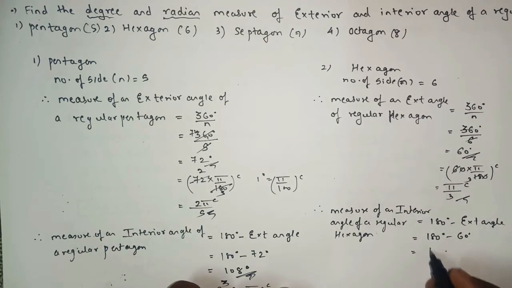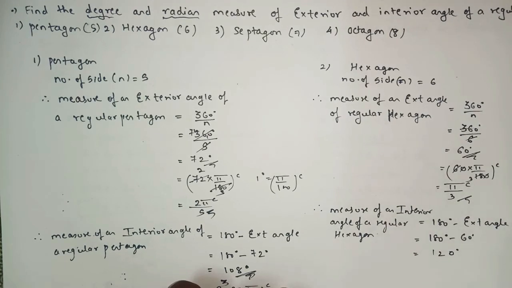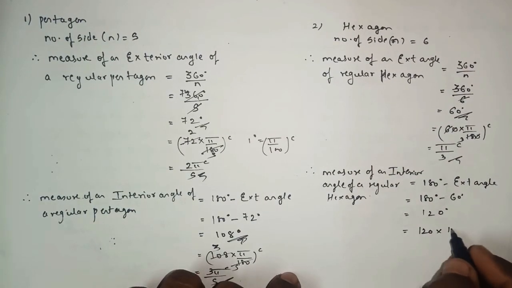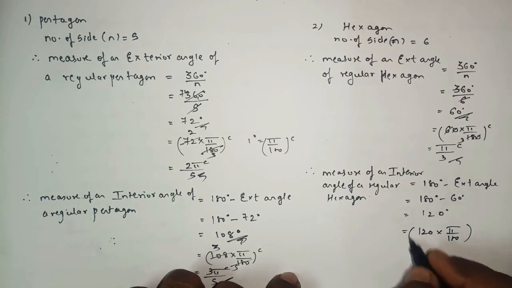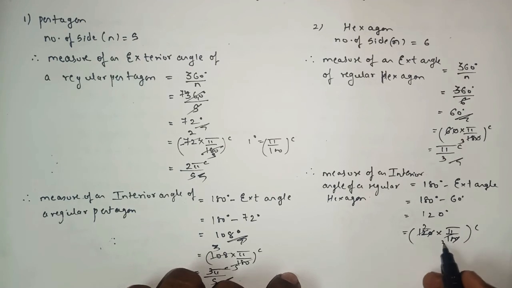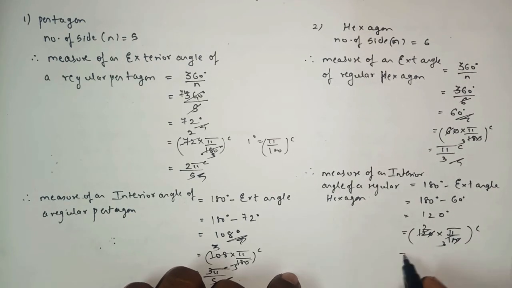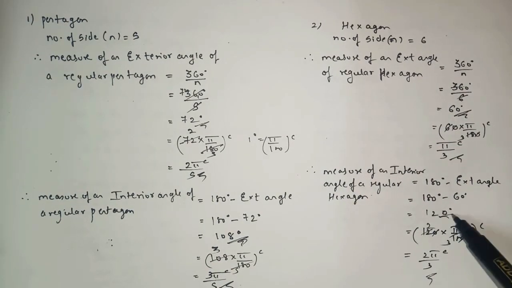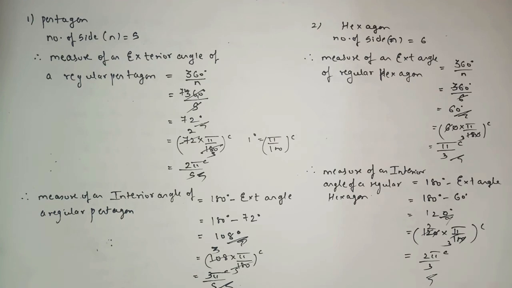So 180 minus 60 is 120. So now we'll convert this degree into radian. 0 0 cancel. 6 twos are 12, 6 threes are 18. So you'll be left with 2 pi by 3 radian. So you have got the answer in both systems, degree as well as radian.